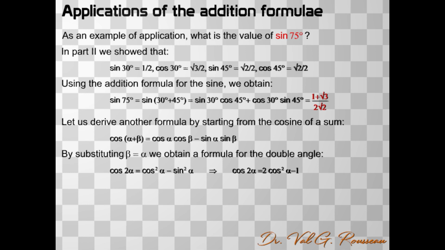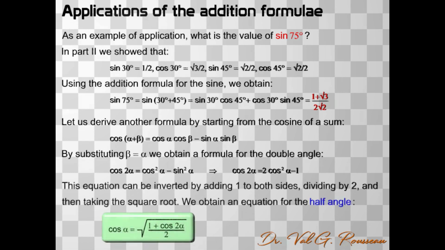So we obtain cosine 2 alpha equals 2 cosine square alpha minus 1. We can now invert the equation by adding 1 to both sides, dividing by 2 and taking the square root. We obtain an equation for the half angle: cosine alpha equals square root of 1 plus cosine 2 alpha divided by 2.